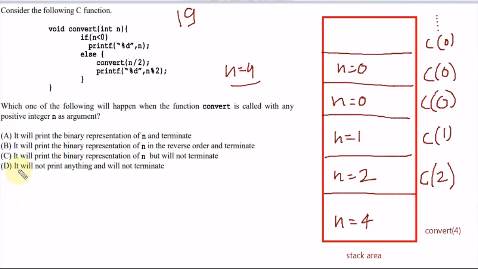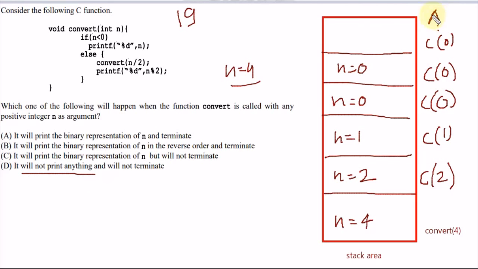So the answer is it will not print anything, and it will not terminate. This will not print anything, that is absolutely fine, but this will not terminate, that is not correct in the practical sense, because it will keep on calling this, and at one time the stack will be completely full, and then this will forcefully terminate.